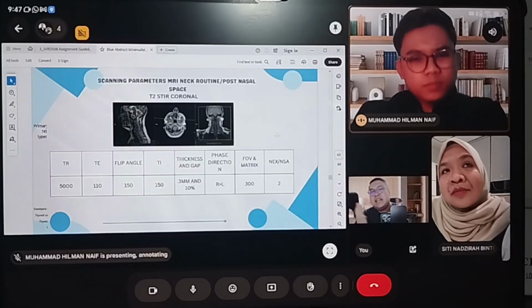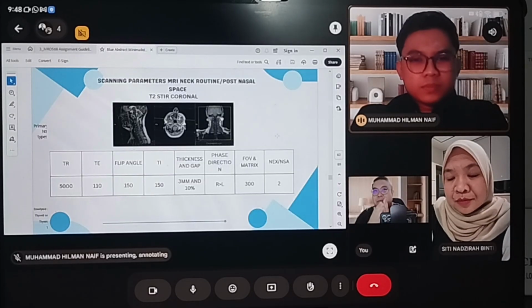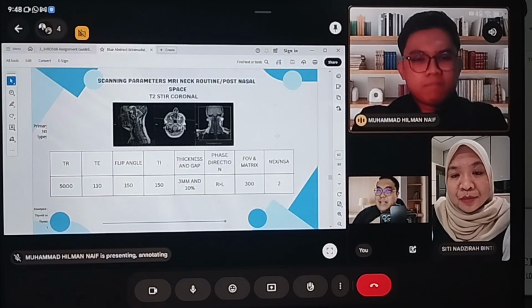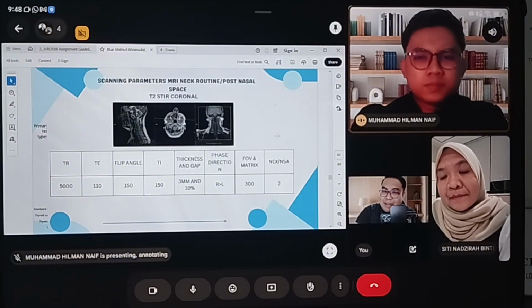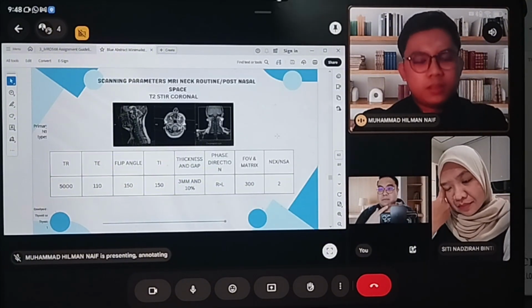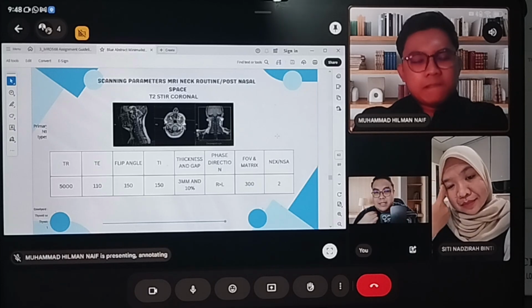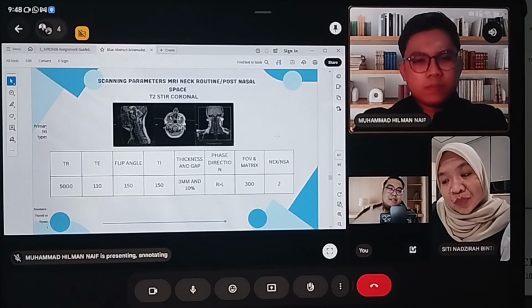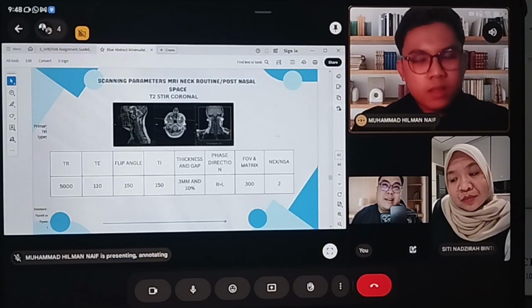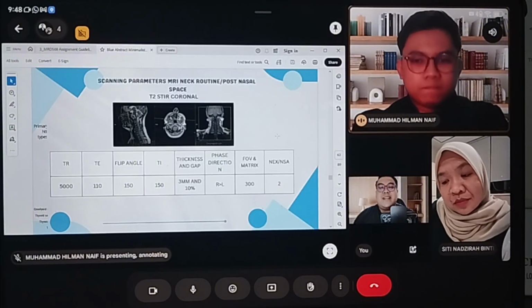Before we finish, for example, I will say, okay, that's all from me, and pass to the next presenter, Ilman, for the next part. We need clear communication to the next presenter.